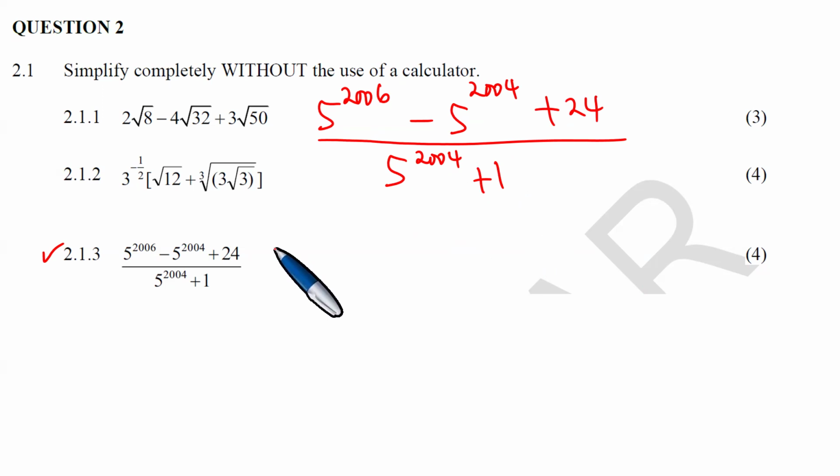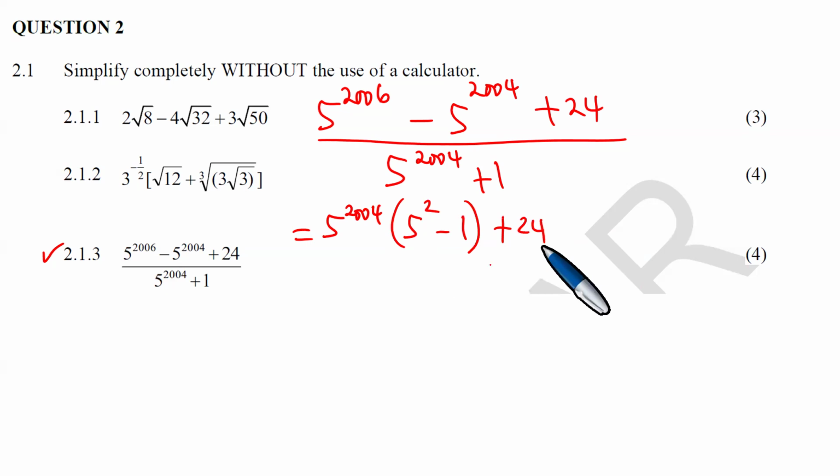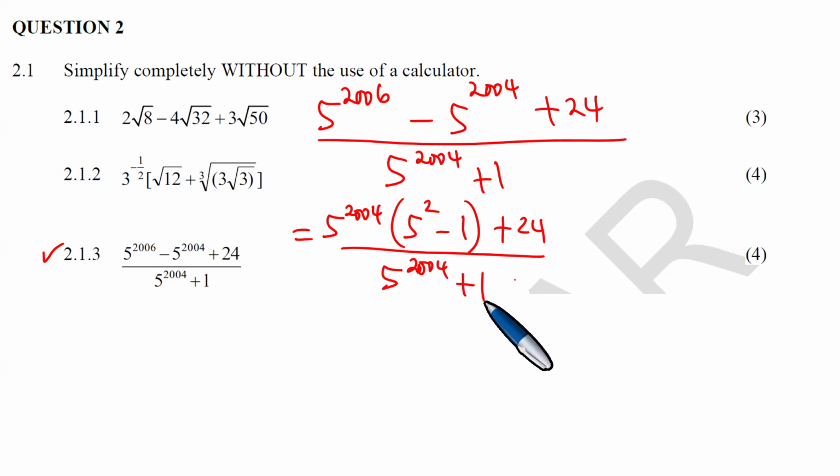There are too many things to be done here. And one of the easiest things we can do is to take out 5 to the power 2004, open bracket, 5 to the power 2 minus 1 plus 24, all divided by 5 to the power 2004 plus 1.